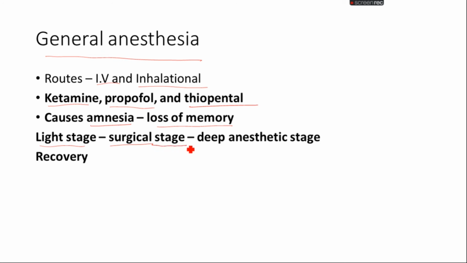And then after the surgical procedure, the animal will go to the recovery stage, right? So anesthesia is a reversible stage. The animal will have a recovery. Otherwise, if deep anesthesia continues, the animal will go into a coma, and from the coma, the animal will die, right?